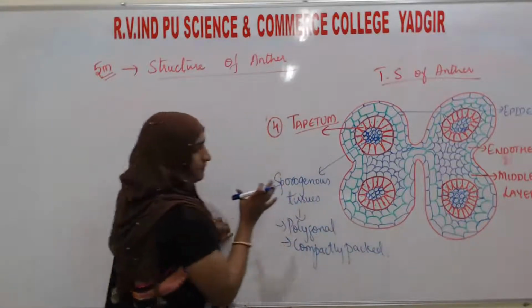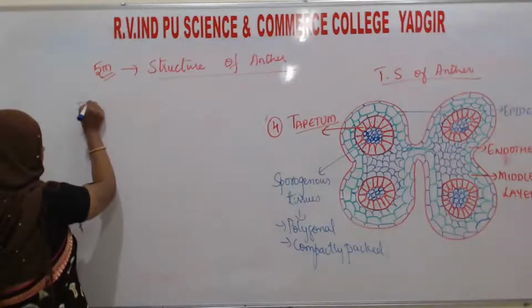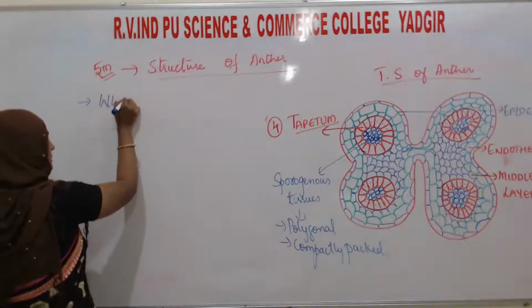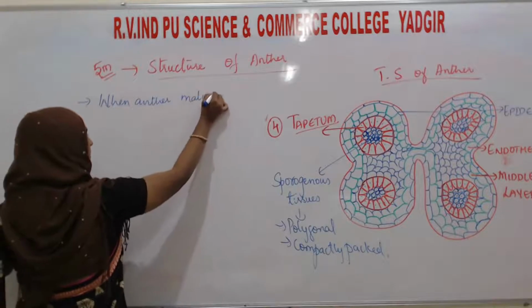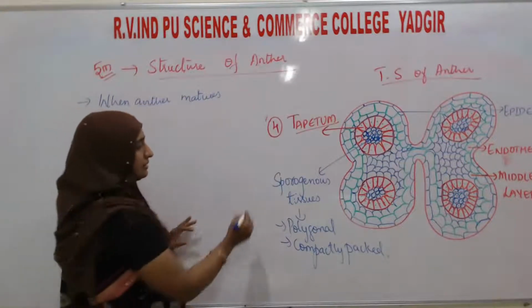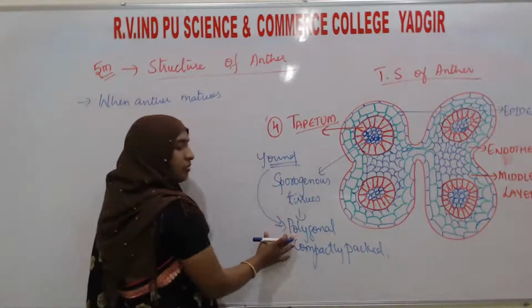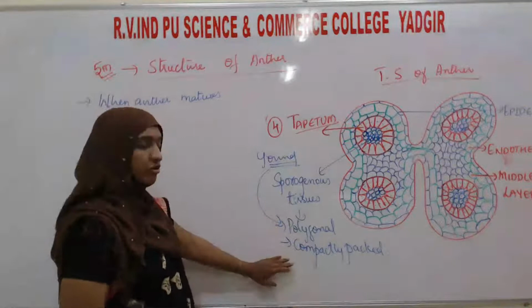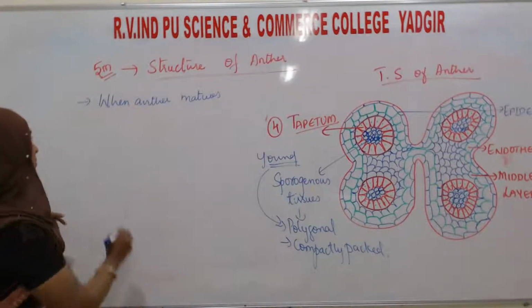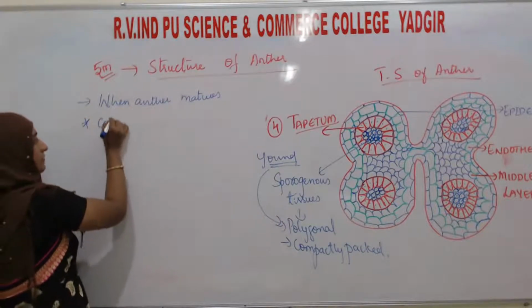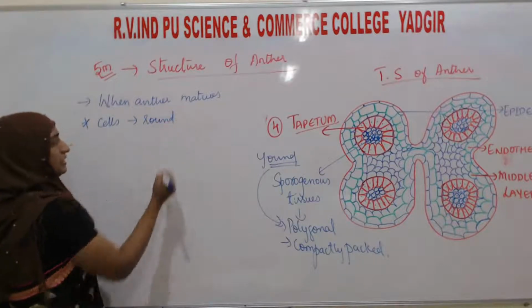When the anther is going to mature, the cells of the sporogenous tissue will become rounded in shape.